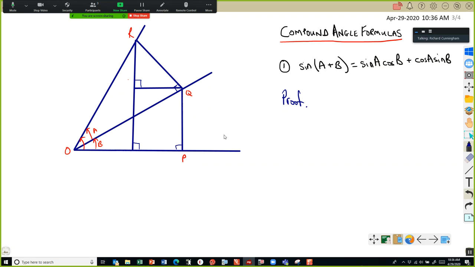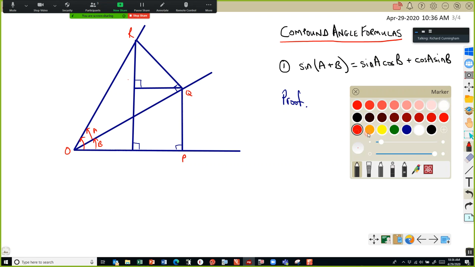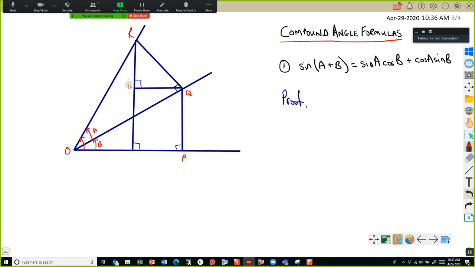So I've just drawn in a couple of construction lines to help me prove this result. And I'm going to label them S, T, and U. Let me know when you can see the construction lines and the labeled points.